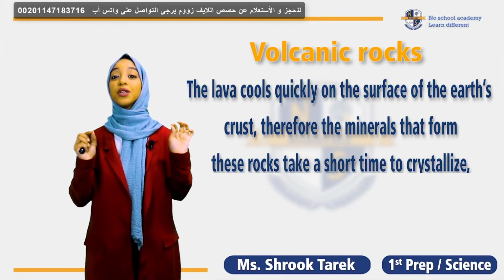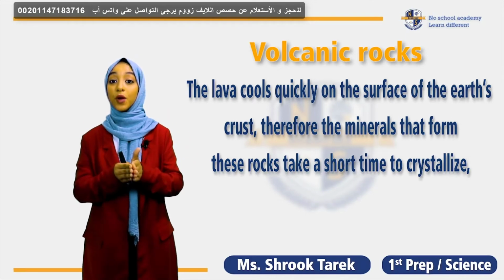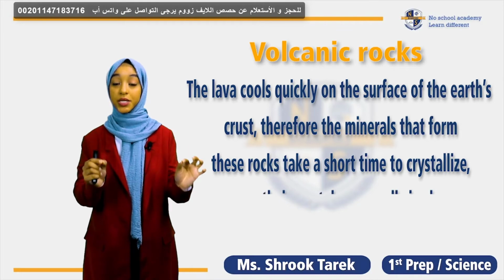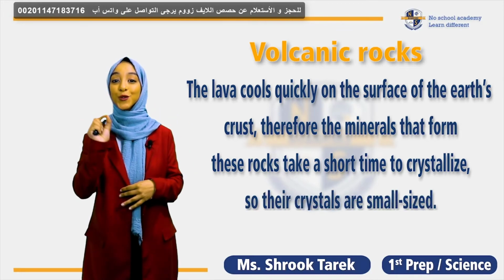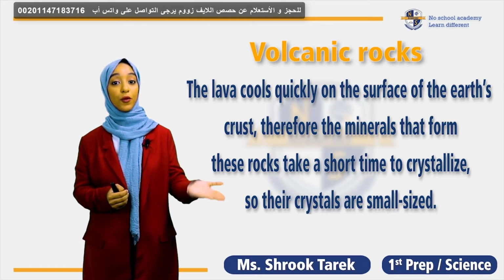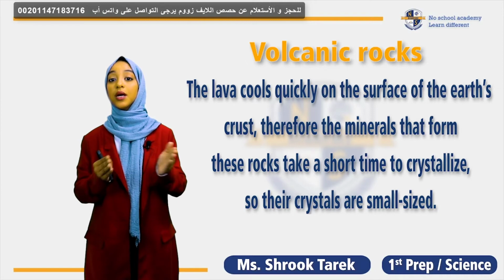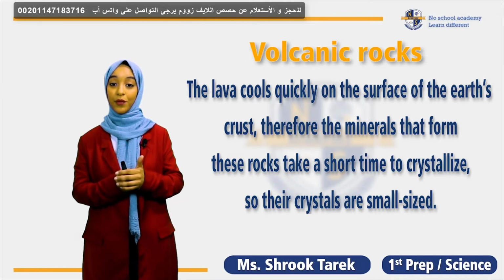Yes, it takes a very short time to crystallize. So the minerals that form these rocks crystallize in a short time. Therefore, they have small sized crystals. يبقى لو جينا قارنا مع بعض volcanic and plutonic rocks هنلاقي إن في difference كبير جدا ما بينهم.